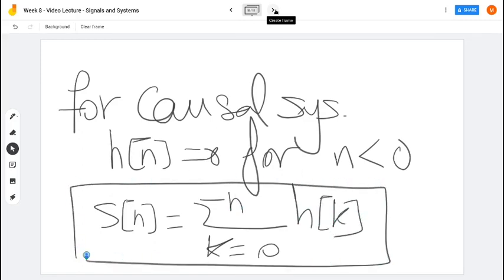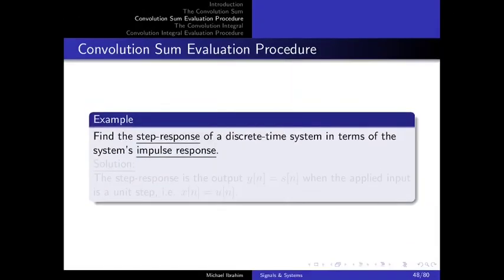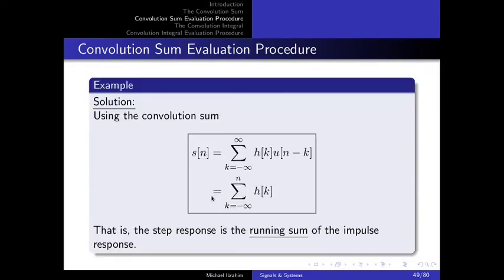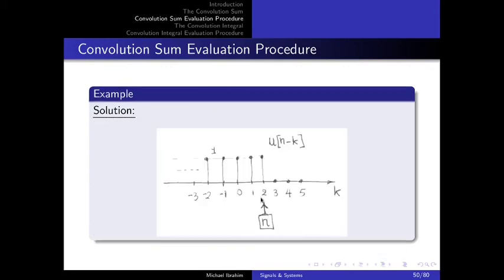So let's go back to our slides over here. So the step response is the output y of n when the applied input is a unit step u of n. So following the convolution, we can get S of n to be the summation from minus infinity up to n of h of k, and of course this is u of n minus k doing the convolution.